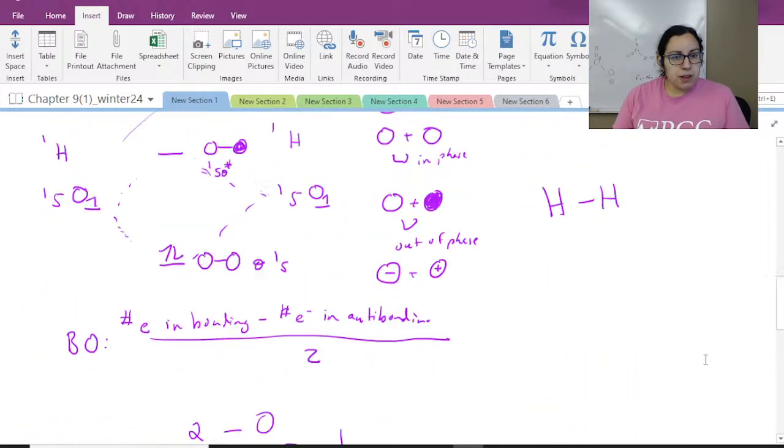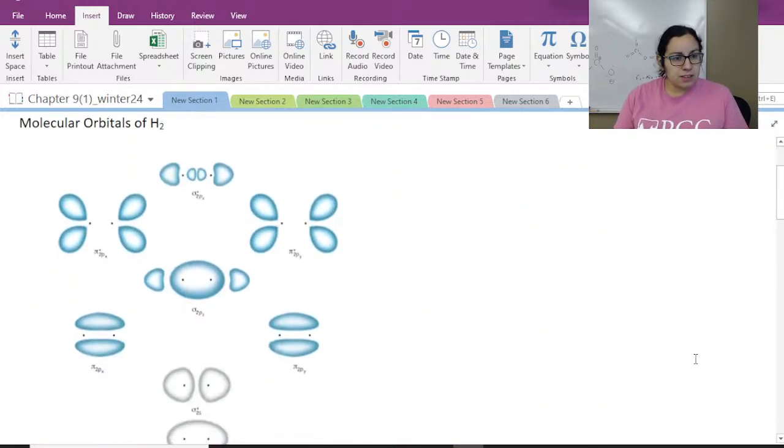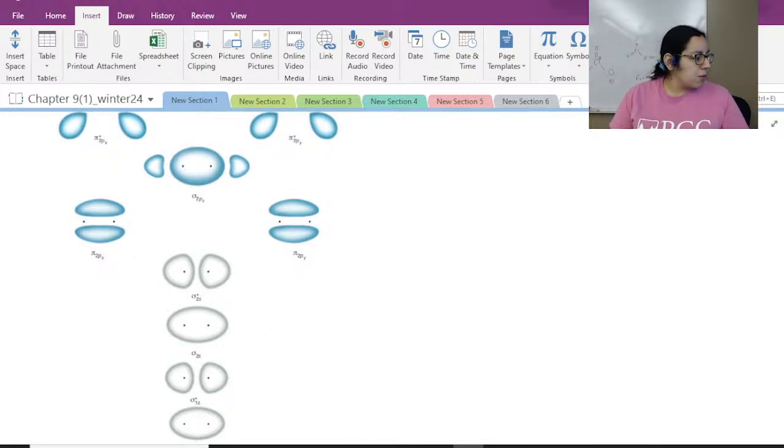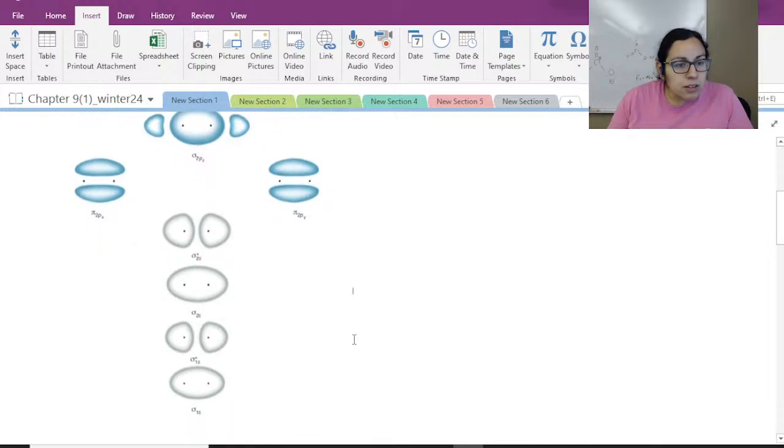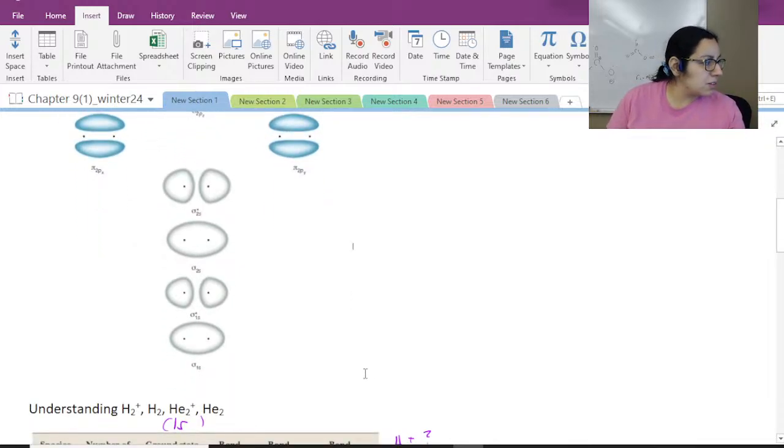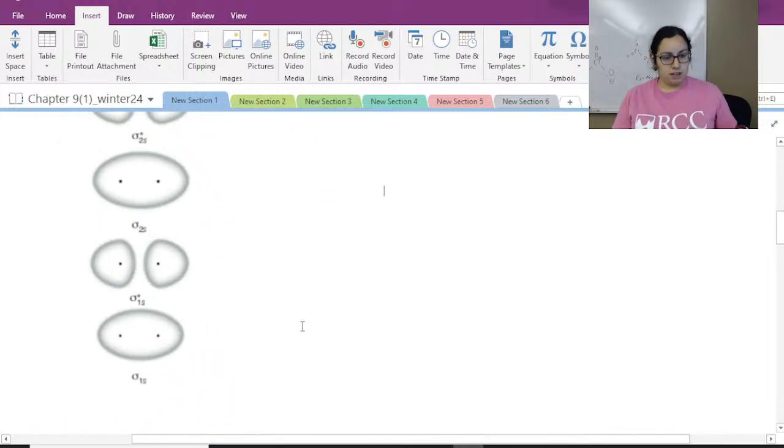All right, before we go into the next diatomics, let's break this down and look at what they're trying to show us here. This is another pictorial representation of what we just finished drawing.